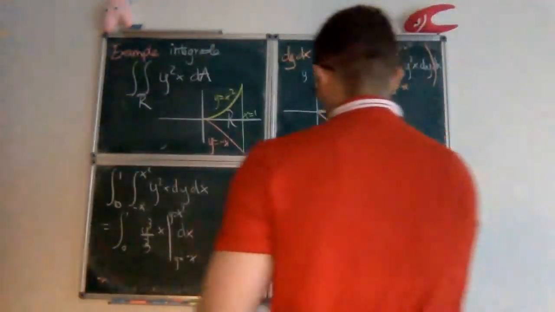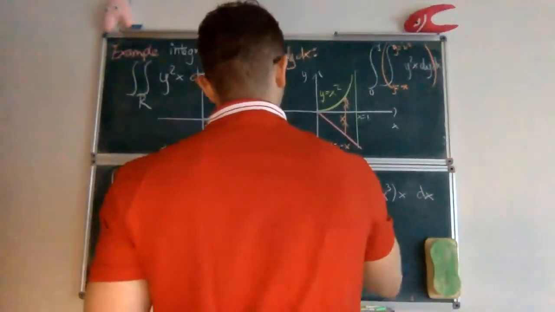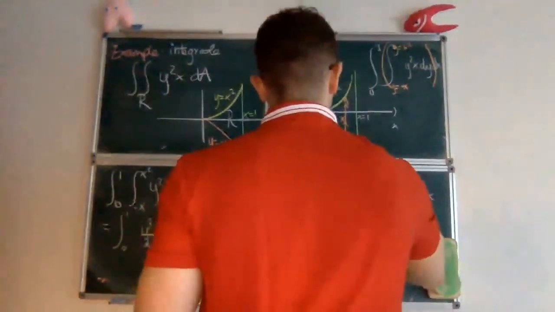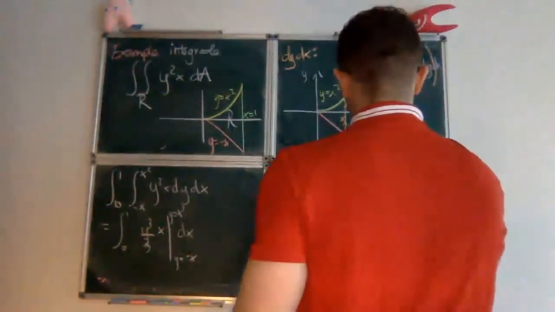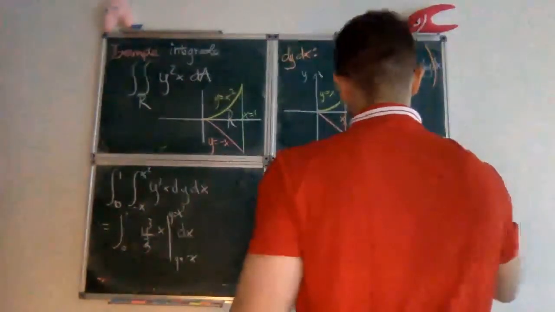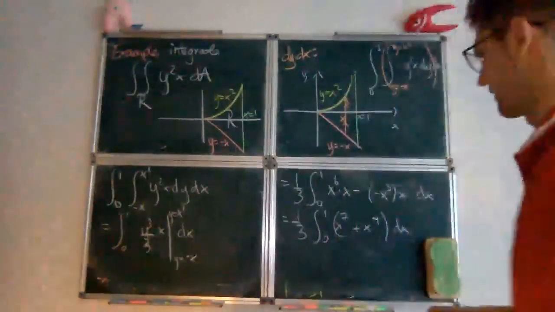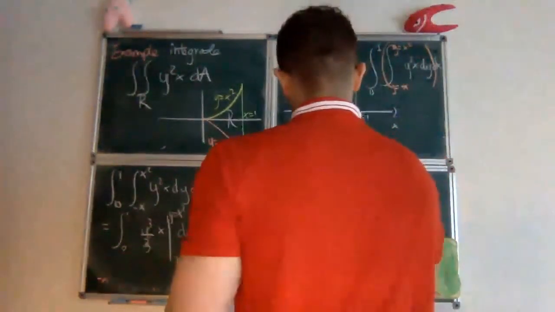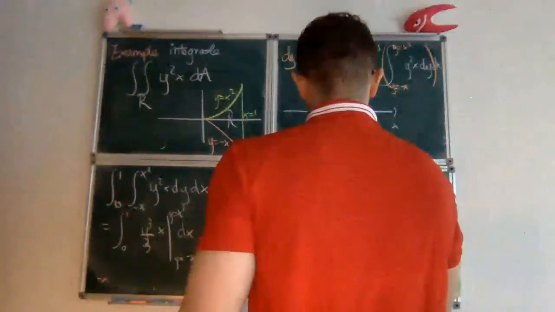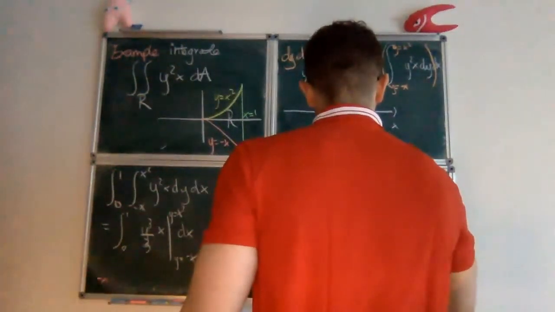So really this is 1/3 of the integral from 0 to 1 of x to the 7 plus x to the 4 dx. And that's 1/3 of 1/8 plus 1/5.